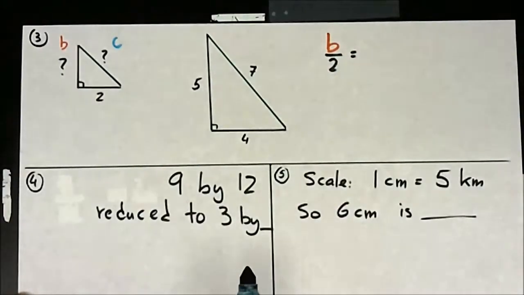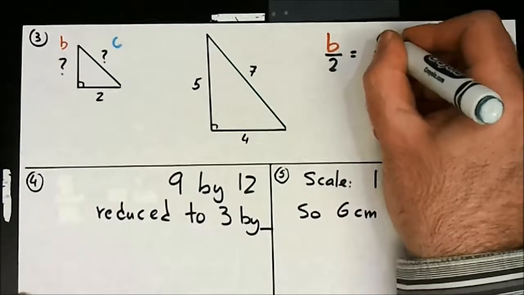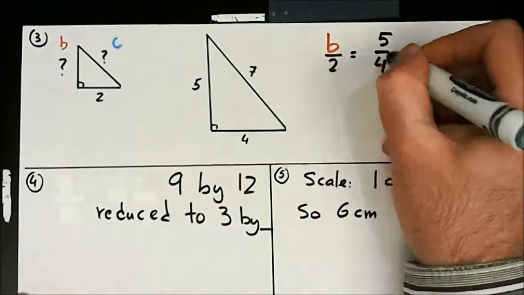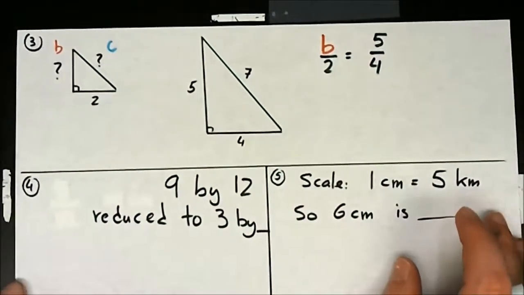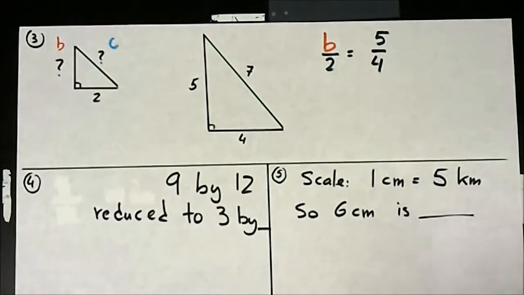What are the corresponding ratio on this triangle? 5 over 4, of course. This corresponds to this, this corresponds to that. And now it's pretty simple. You guys know how to work this out. You simply cross multiply. We've done this many times before.